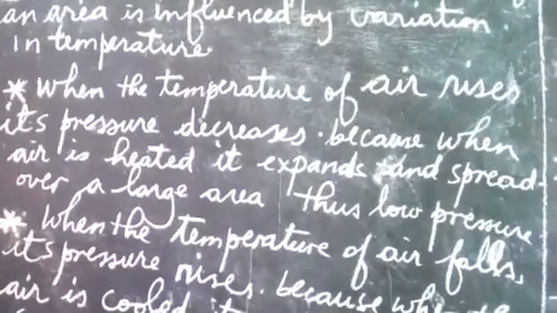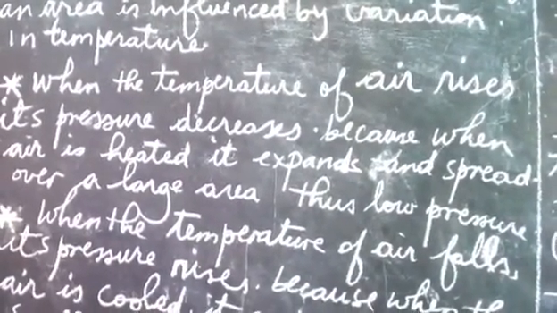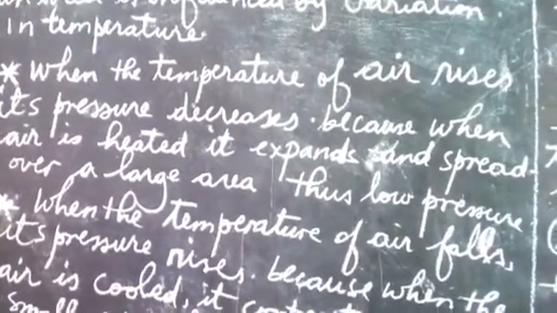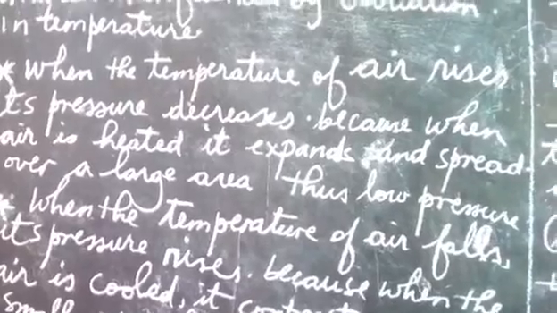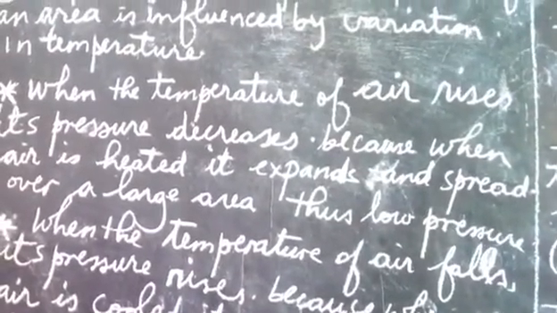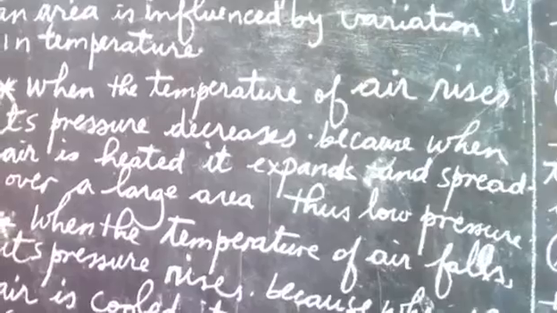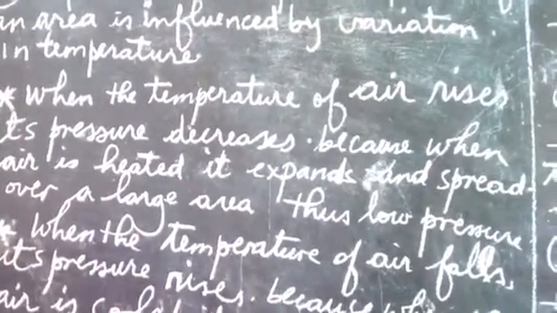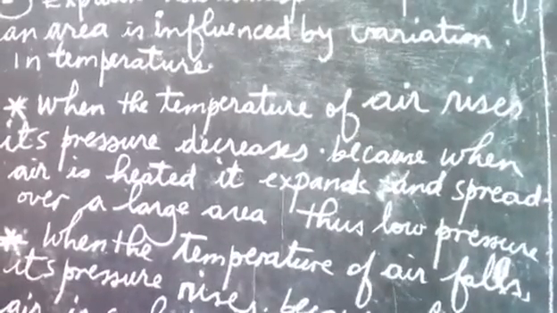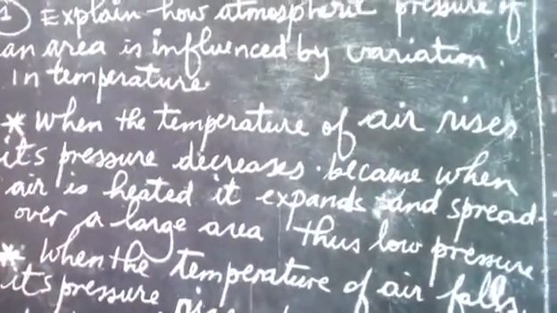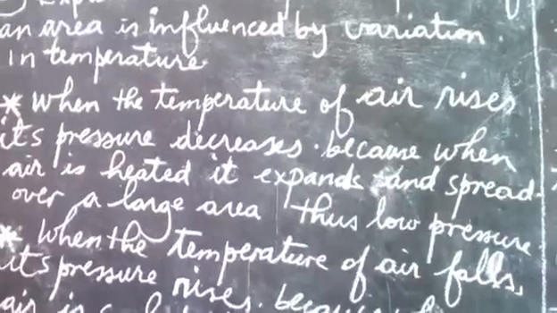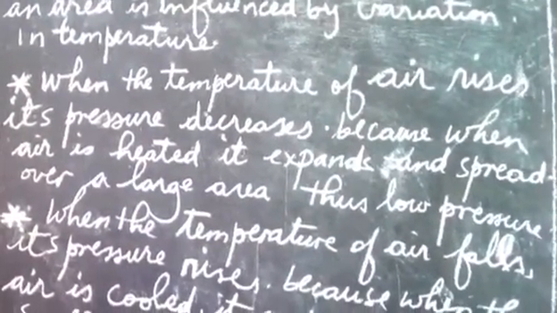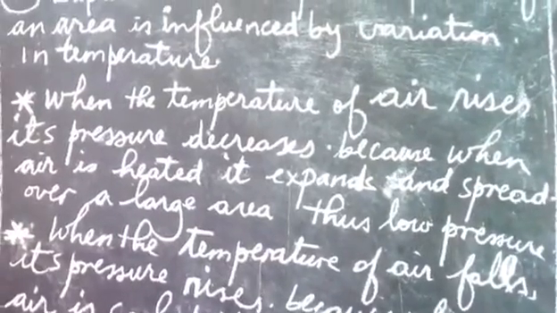Let's look at point number 2. The area of low temperature will be associated with high pressure, meaning that if we have an area of low temperature, the air will be cooled and contracted. When air is cooled and contracted, it can cover a small area.